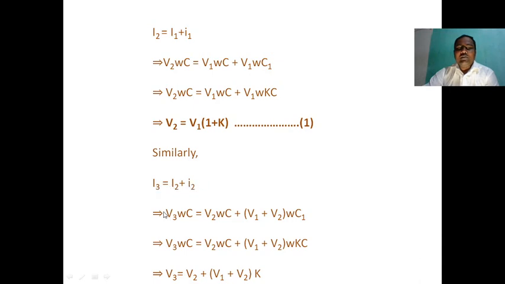So V3 omega C is equal to V2 omega C plus (V1 plus V2) omega C1. Replace V2 with V1 of 1 plus K, so V3 is equal to V2 plus (V1 plus V2) of K.